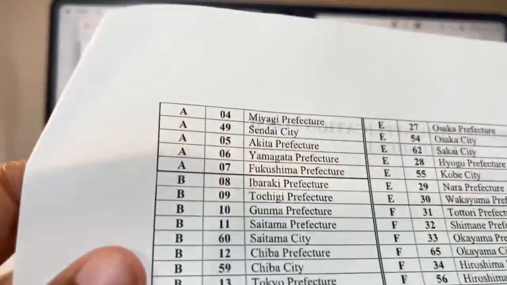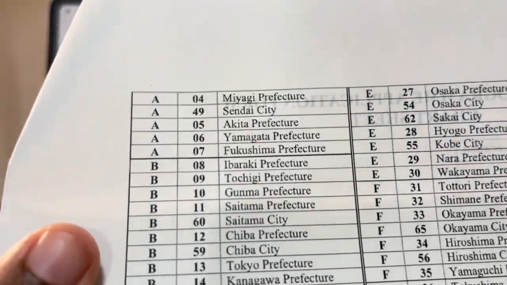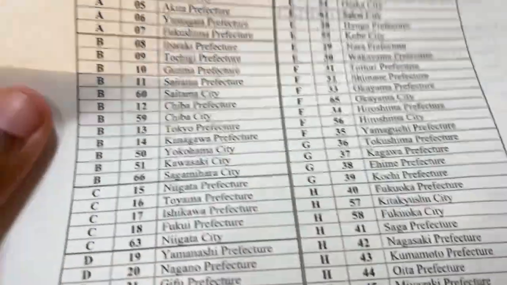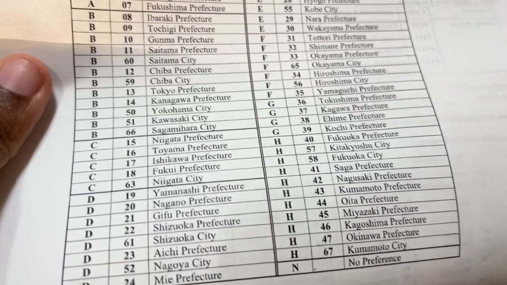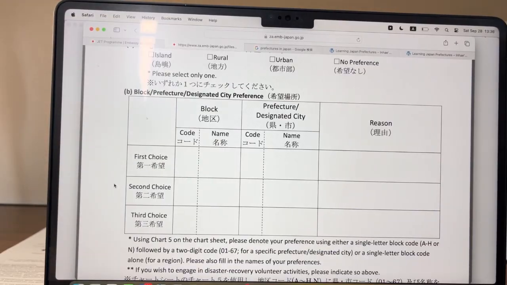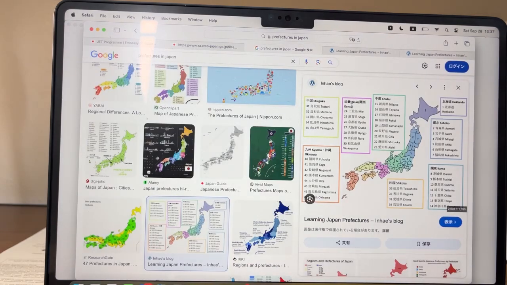And then at the back we have Miyagi, Sendai, Osaka. So I'm not gonna go into detail here, but I want people at least to have an idea of what to do. Let me take a few minutes to show you the prefectures of Japan, and I'll come back to this.